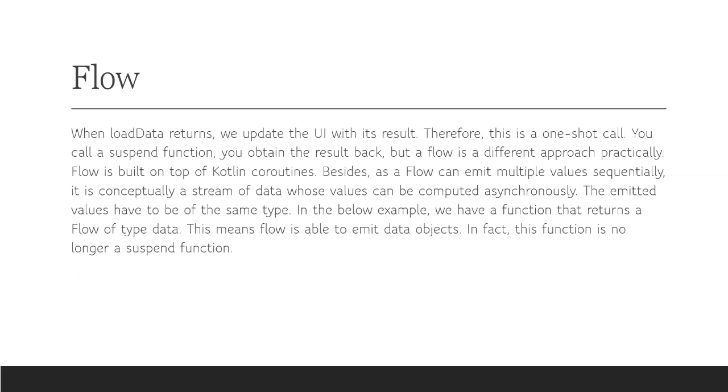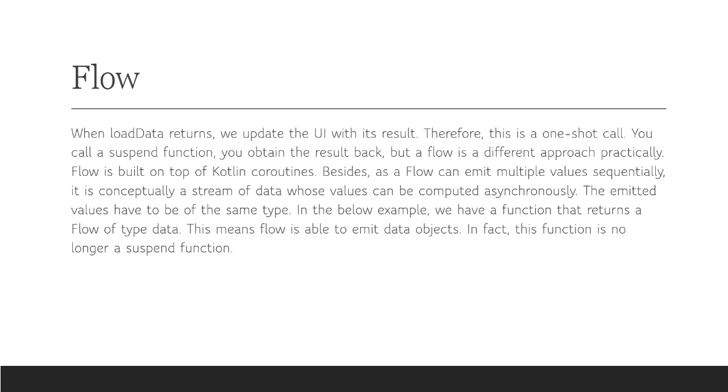This is a one-shot call in a single line, as we have done with view models from the database, and you can show it on the UI. You call a suspend function and obtain the result back, but flow is a different approach.